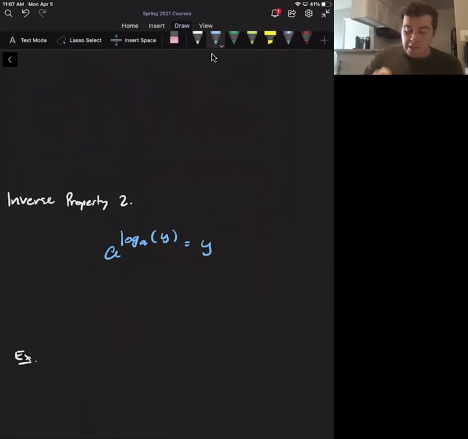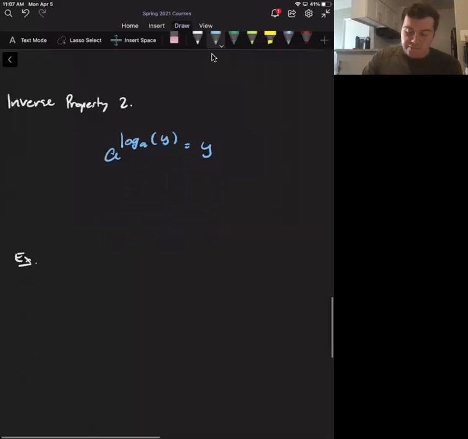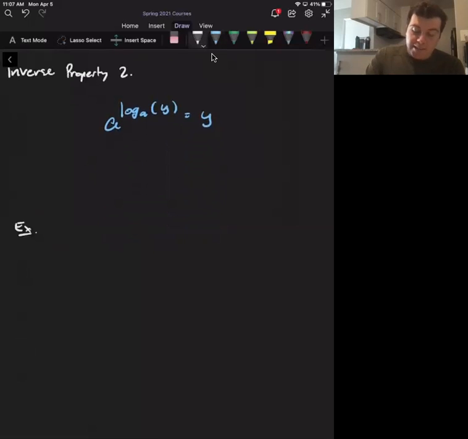So the a and the log a cancel out with each other and leave us with just y. Again, that'll give us some nice examples to work with. If we had 3 to the log 3 of 22, applying the inverse property part 2, we just get 22 out of that.